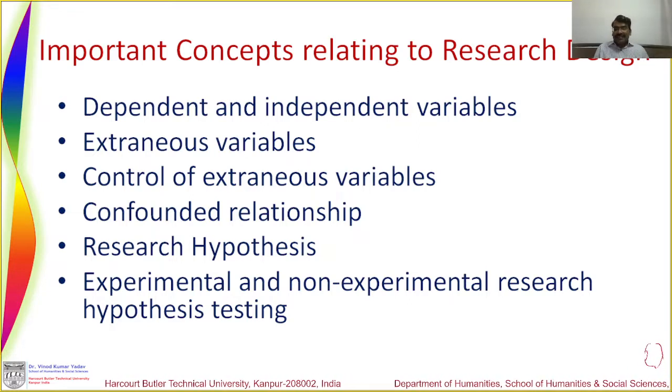But there may be some extraneous variables which also have an impact on this produce. So you need to look into those variables which are not directly related to the dependent variable or directly related to your main activity, but they indirectly have an impact on your overall research.